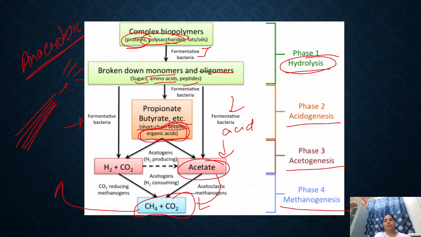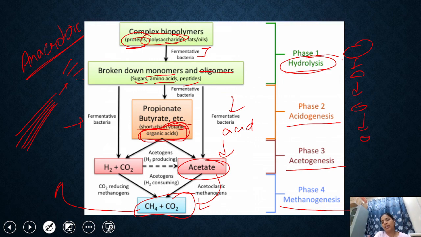It is a very simple process: first you have to degrade into smaller components, and degrade until they are small enough to be used further, so that it cannot be degraded further and can be removed or used easily from that process. So at the end stage it must convert into CO2 and CH4, mainly methane.